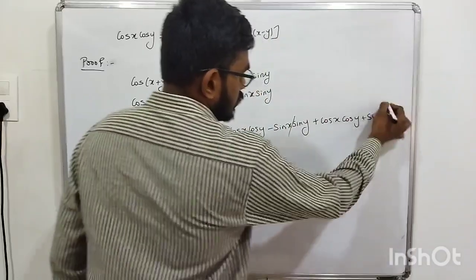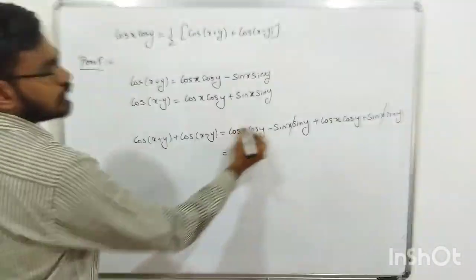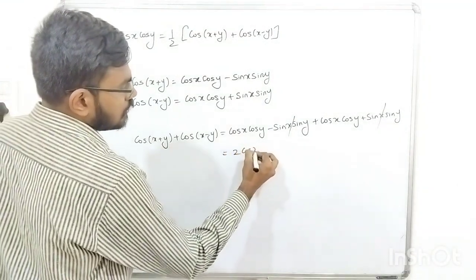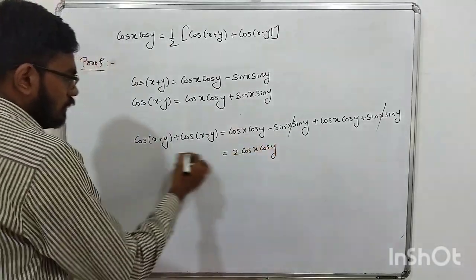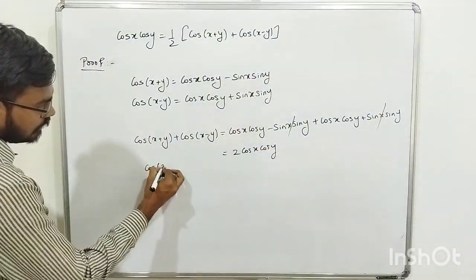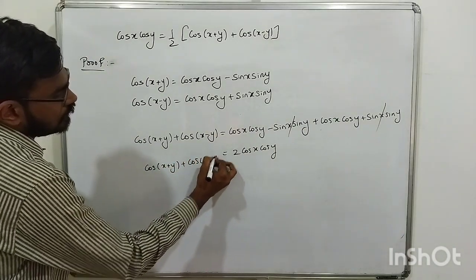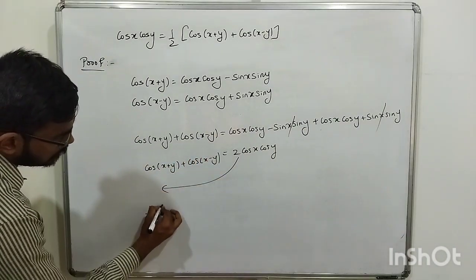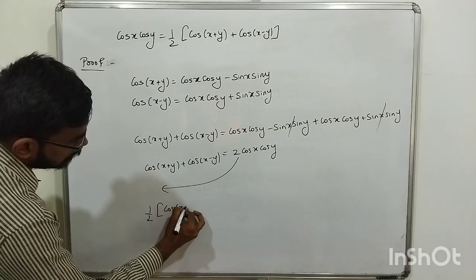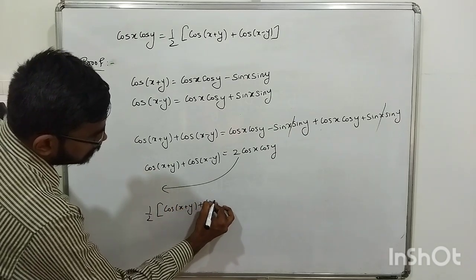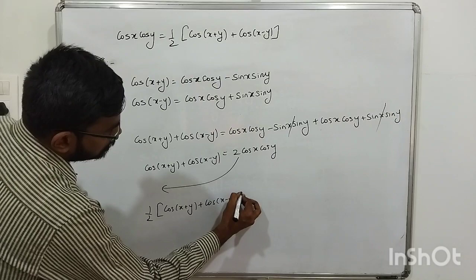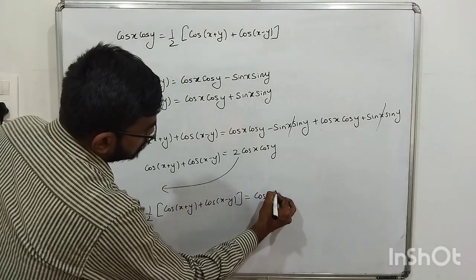You can cancel this and this, because they are the same, and add these two cos x cos y. Then we divide this, so we get half of cos(x plus y) plus cos(x minus y) is equal to cos x cos y.